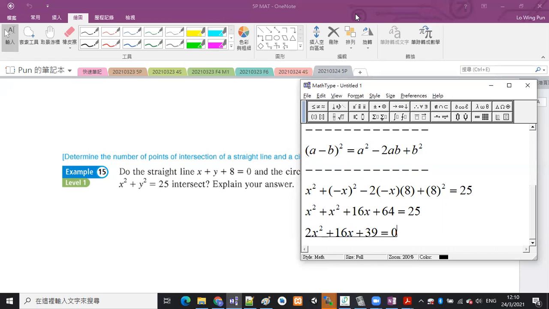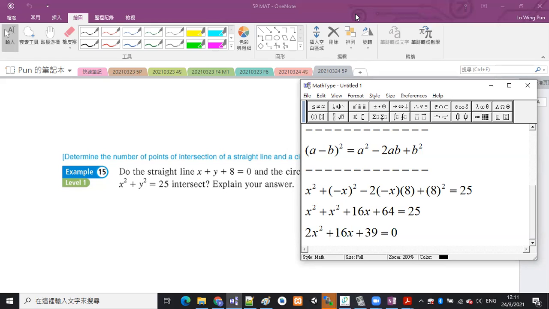Okay? A is 2, B is 16, and C is 39. And what do you get from the calculator? Okay, help me. It's a math error. Can you get math error? So A is 2, B is 16, and C is 39 from program 1 or formula 1.